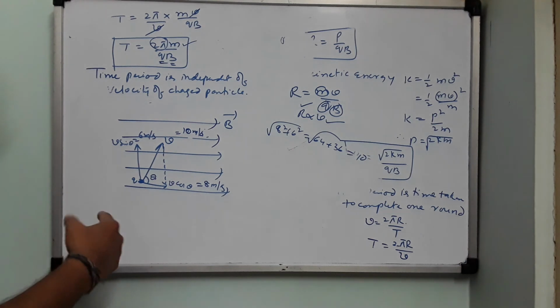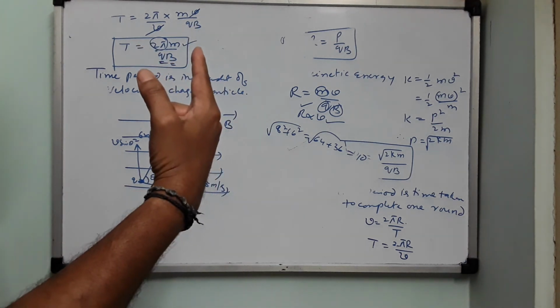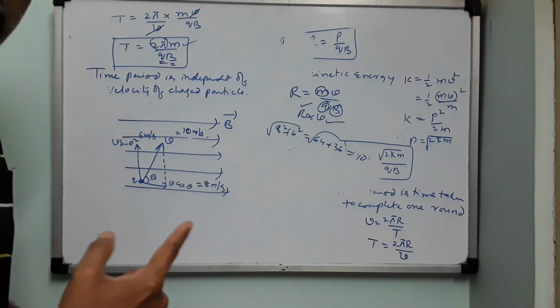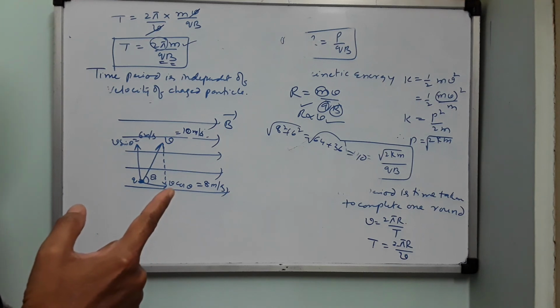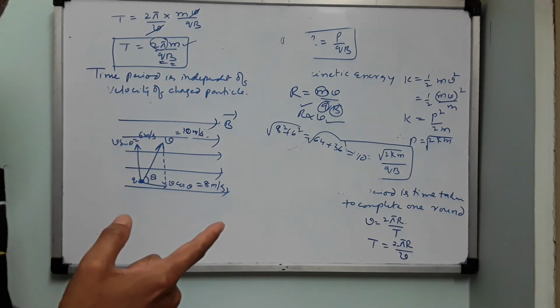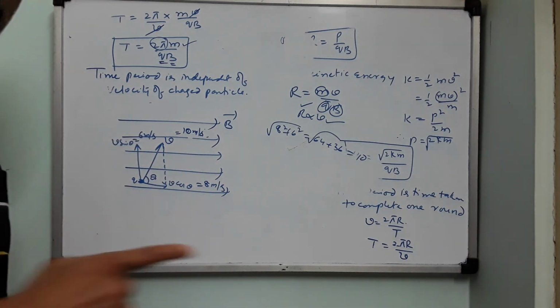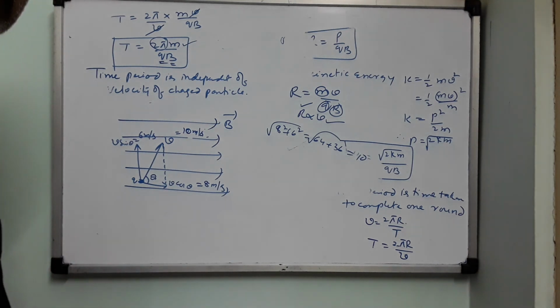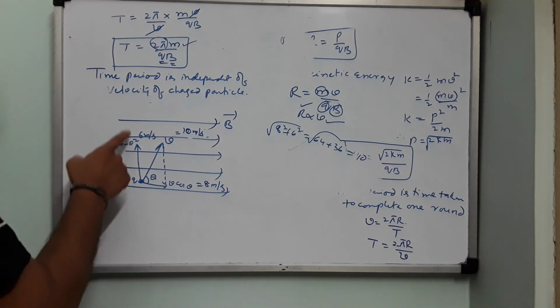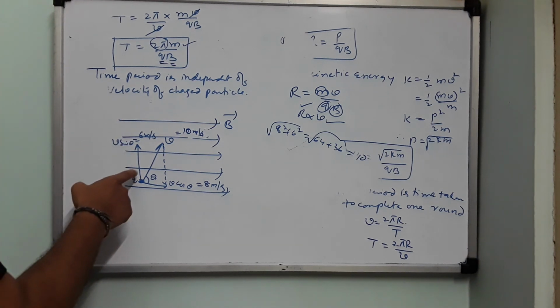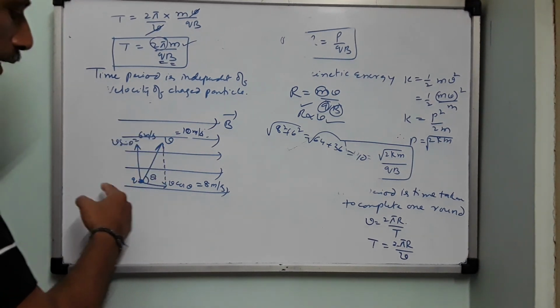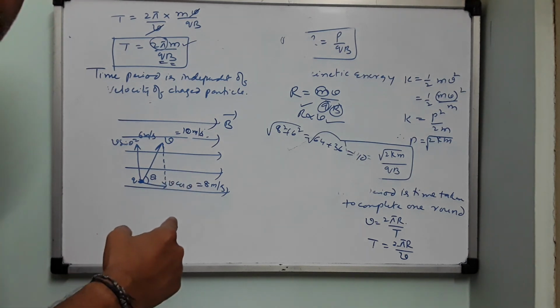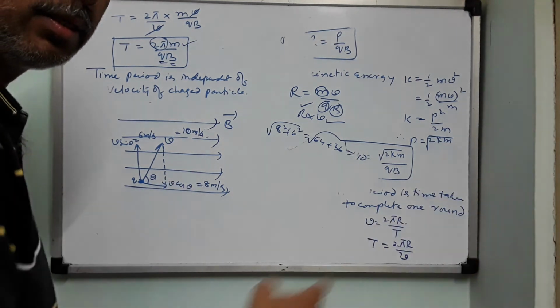It is perpendicular. Whenever a charged particle moves perpendicular to the magnetic field, it experiences a maximum force given by qvB, and that force, as it is perpendicular to the velocity, will compel the particle to move in a circular path. So the perpendicular component V sin theta will help the particle move in a circular path, and the horizontal component will help the particle move in a straight line.